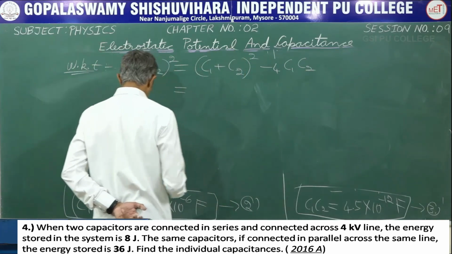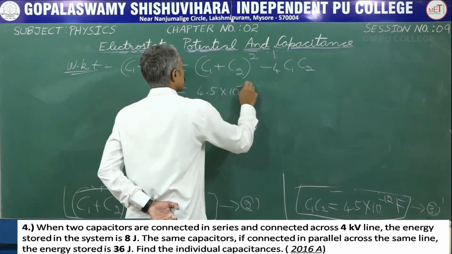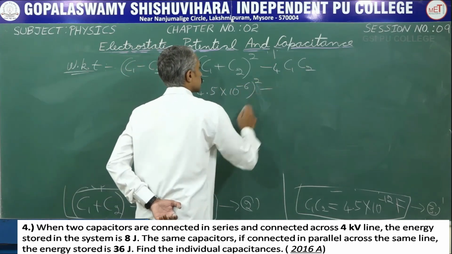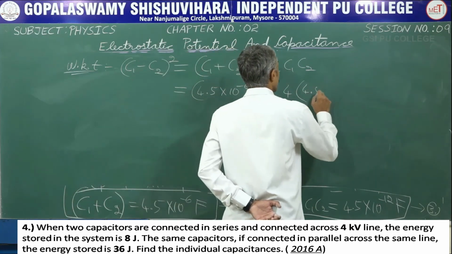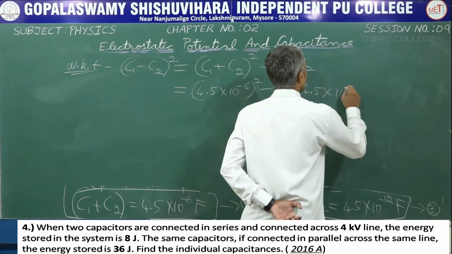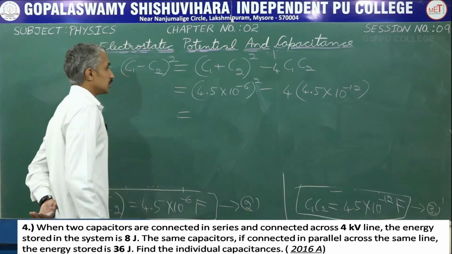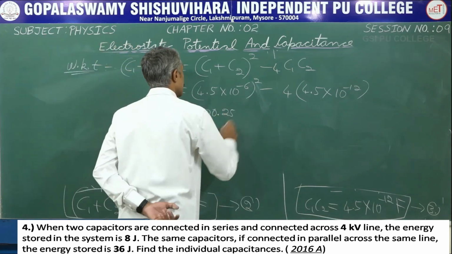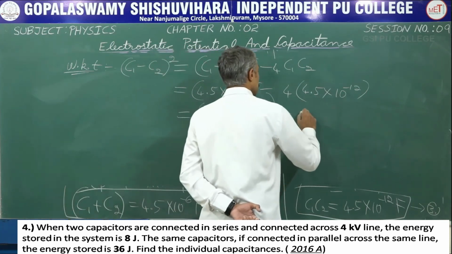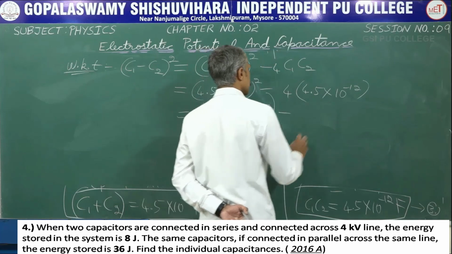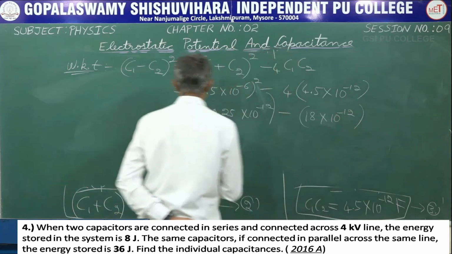So now we will get this as, what is C1 plus C2? 4.5 into 10 to the power of minus 6 whole square minus 4 into 4.5 into 10 to the power of minus 12. 4.5 square is 20.25 into 10 to the power of minus 12 minus 4 into 4.5, which is 18 into 10 to the power of minus 12.